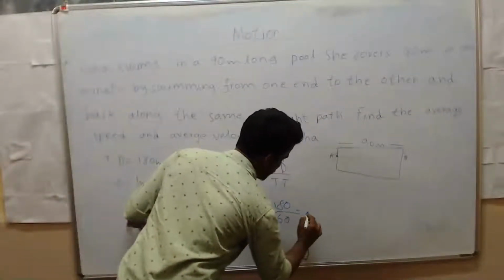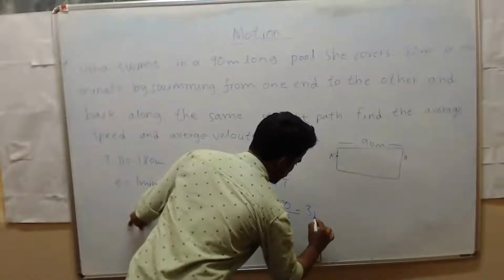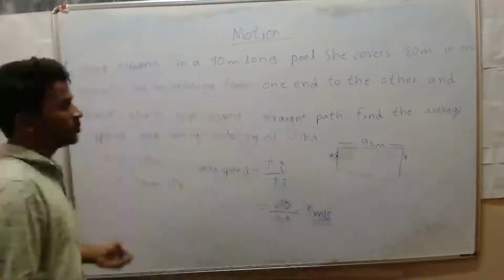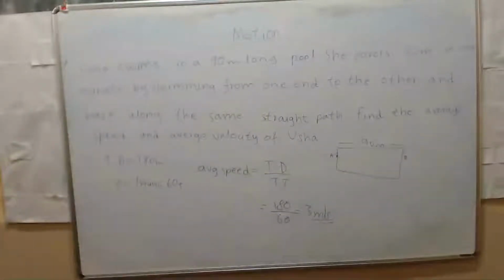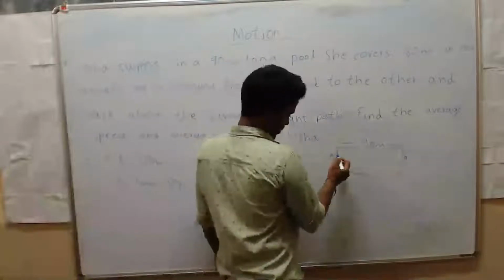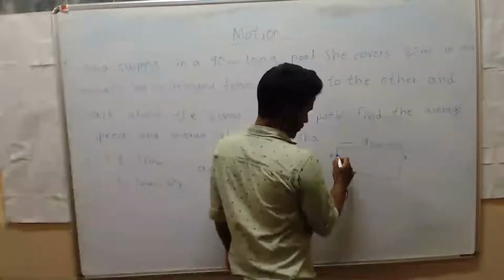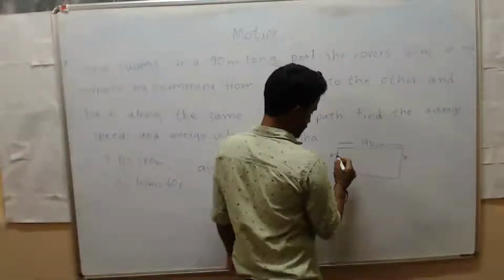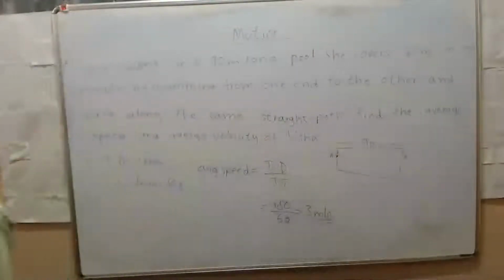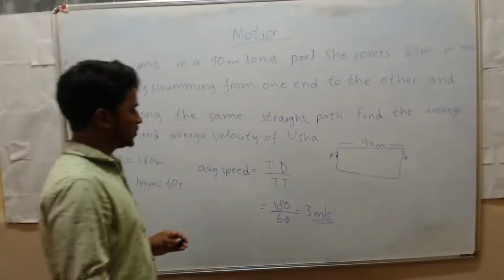So her average speed is 3 meter per second. She will travel A to B and B to A with the average speed of 3 meter per second. Next, what is average velocity?